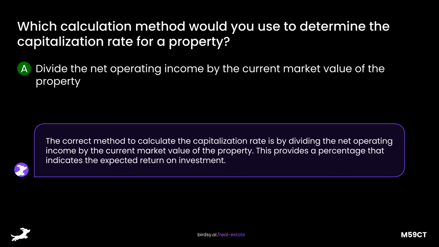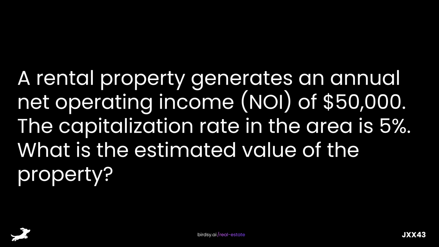The correct method to calculate the capitalization rate is by dividing the net operating income by the current market value of the property. This provides a percentage that indicates the expected return on investment. A rental property generates an annual net operating income of $50,000. The capitalization rate in the area is 5%. What is the estimated value of the property?